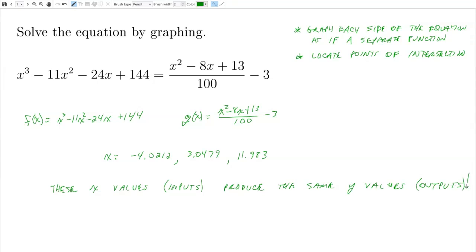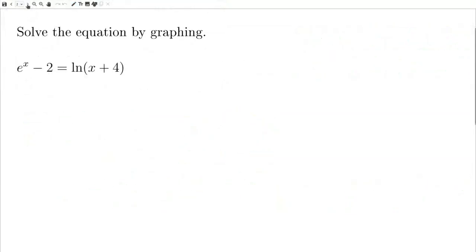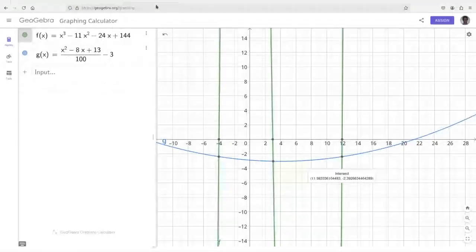So that's why it works, but there's something else that can also happen. So let's get on to a second example, and I'll show you another thing that could possibly happen. So here we have e to the x minus 2 equals the natural log of x plus 4.